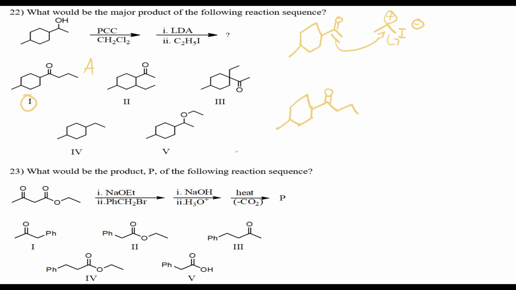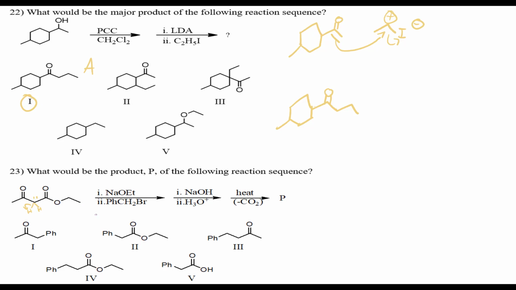Simple. Okay, so now what would be the product P of the following reaction sequence? So whenever you treat it with sodium methoxide, you actually rip off one of these hydrogens. Okay, you actually rip off one of those hydrogens and make some electrons right there.